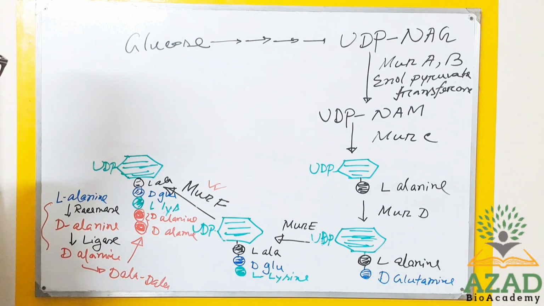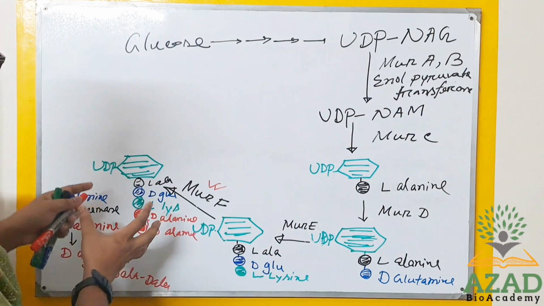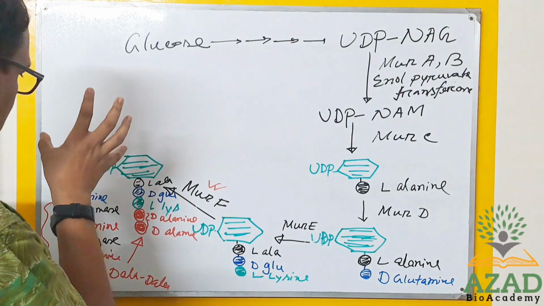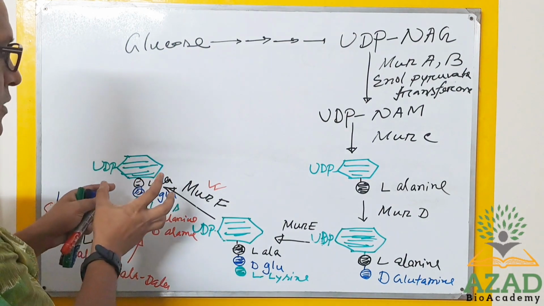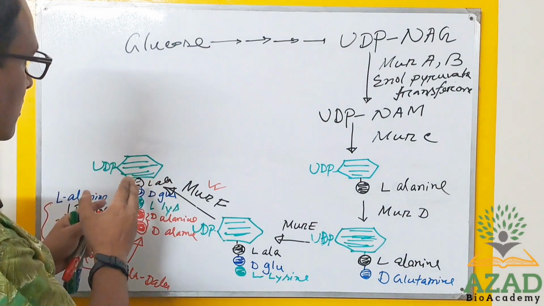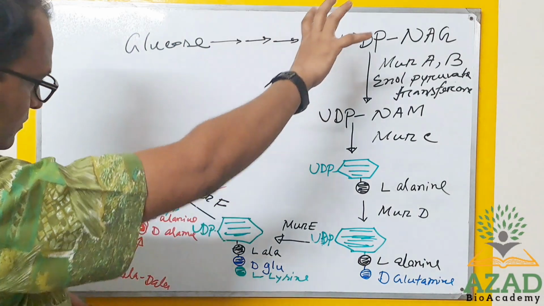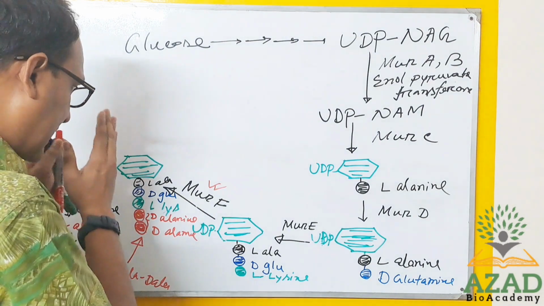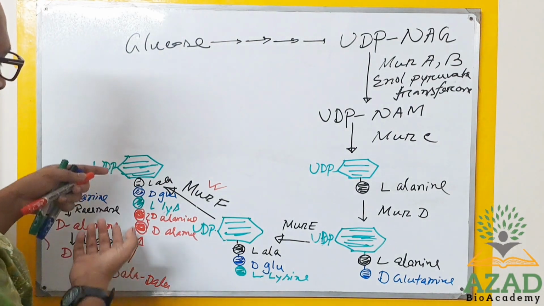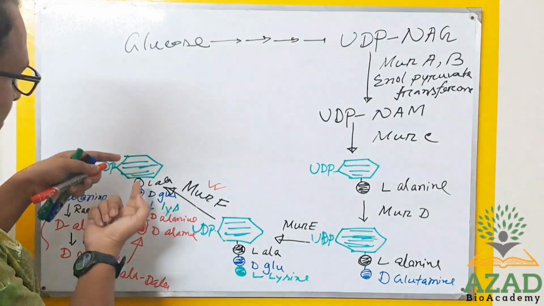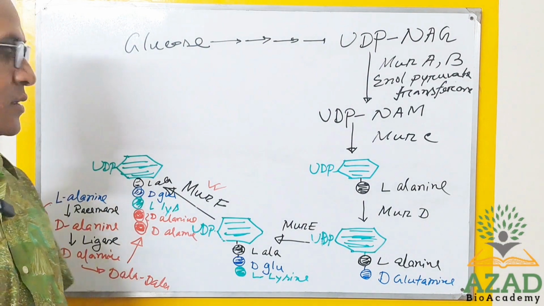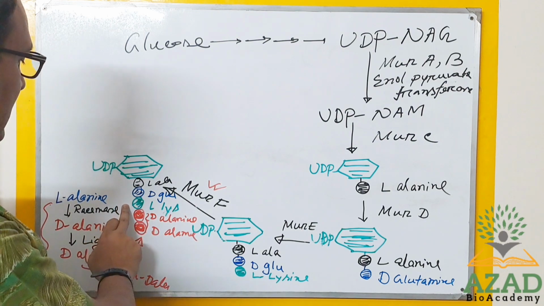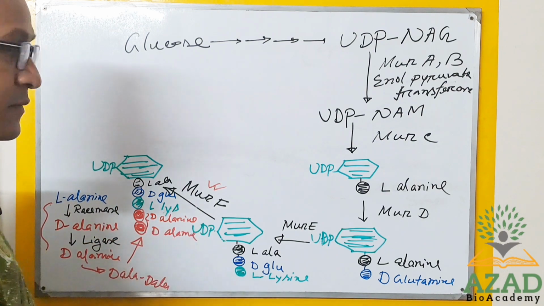So this is the one basic unit, the basic molecule, which will contribute to form peptidoglycan. So this is the UDP N-acetyl muramic acid, which is now carrying a pentapeptide: L-alanine, D-glutamine, L-lysine, then the D-alanine, D-alanine dimer.